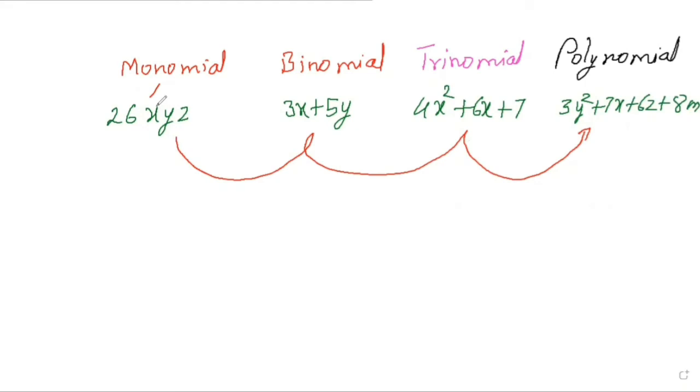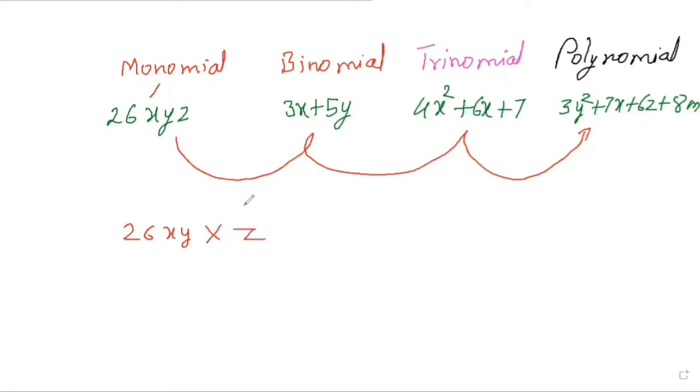So an algebraic expression with a single term is called a monomial. With two terms, it is called a binomial. With three terms, it is called a trinomial, and all of these are called polynomials. Now, children, for example, it is 26xyz. Suppose I write here 26xy into z.